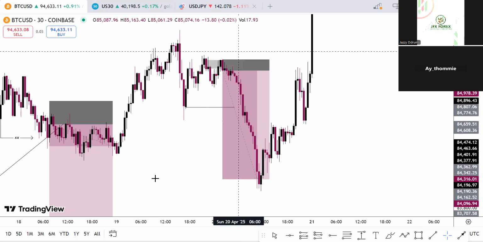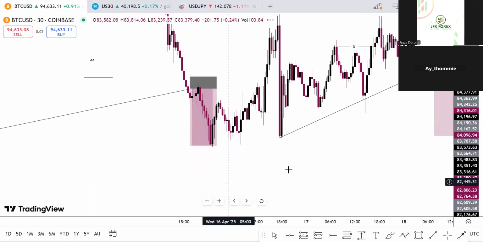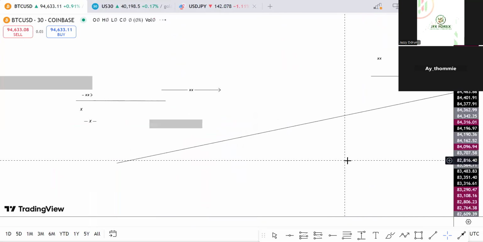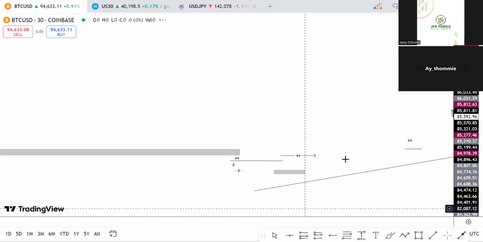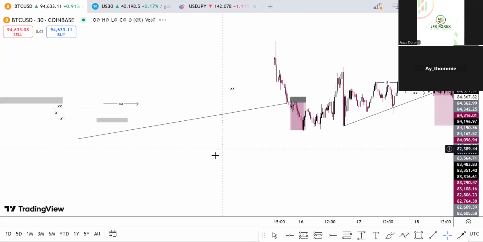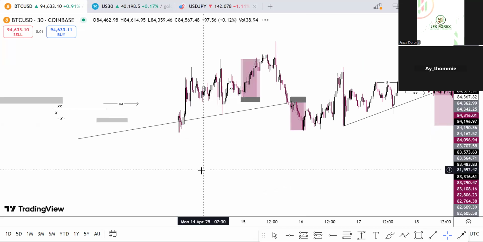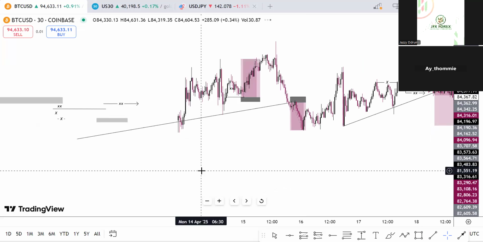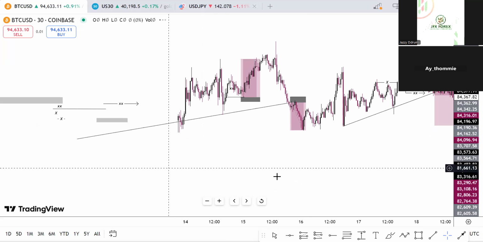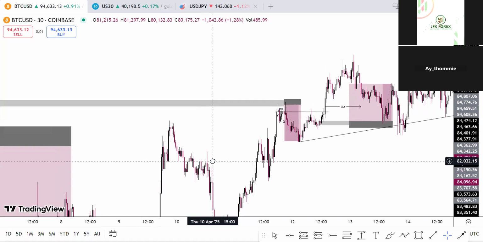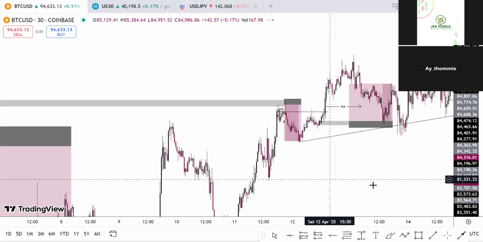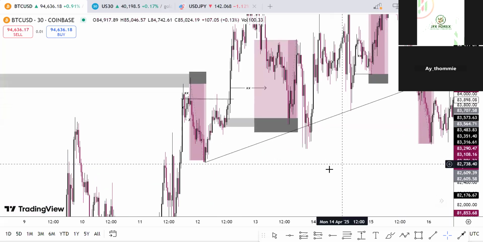Let me look for the buy for you first, so that it can easily be understood. All right, I think I found an example already.